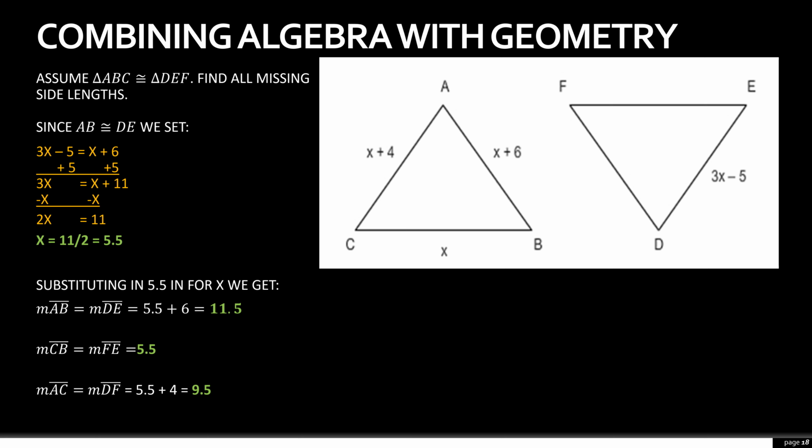So I know AB and DE are going to be congruent to each other. If I take a look at A, I substitute 5.5 in for x. 5.5 plus 6 gives me 11.5. And if I substitute for the rest of the x's, that'll give me 5.5 for CB and FE, and 9.5 for AC and DF.